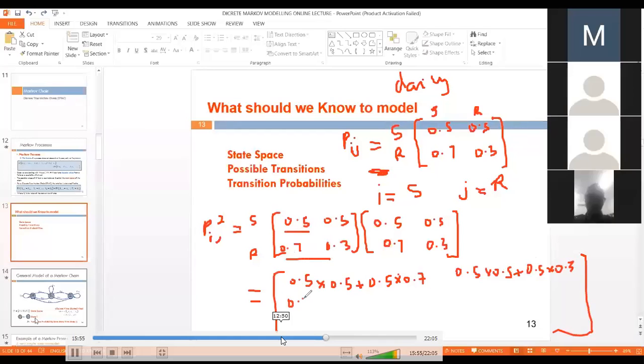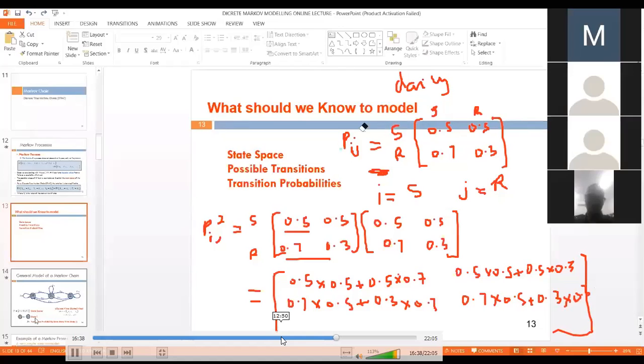That will be 0.7 times 0.5 plus 0.3 times 0.7. Okay, then we have 0.7 times 0.5 plus 0.3 times 0.3. Okay, good.